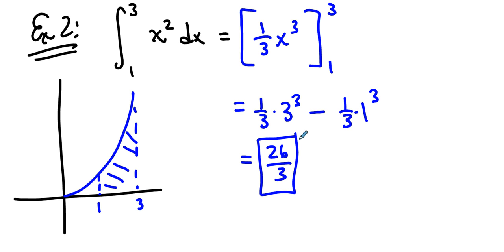The fundamental theorem of calculus says we take any antiderivative, evaluate at the right endpoint and the left endpoint, subtract the answers. That's the whole thing. That's the whole thing.